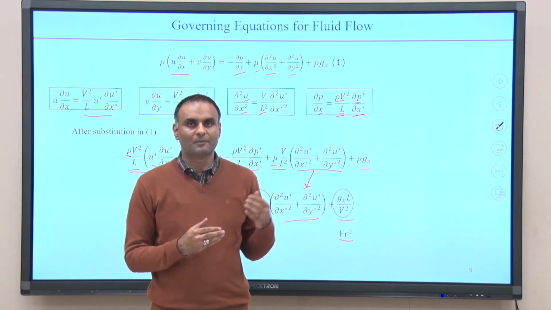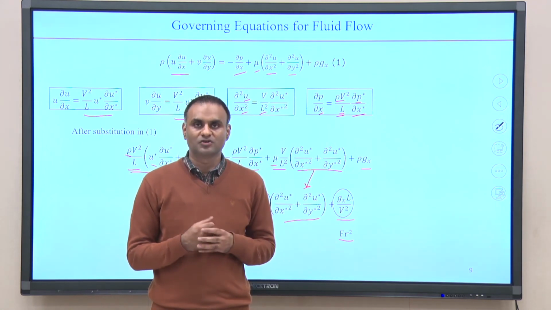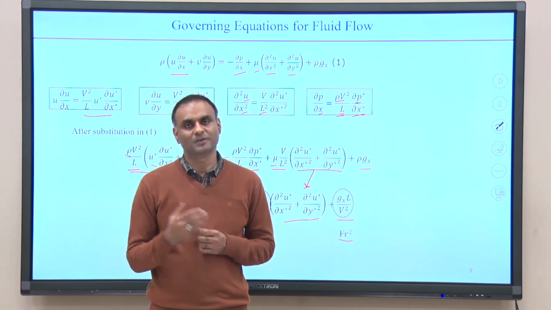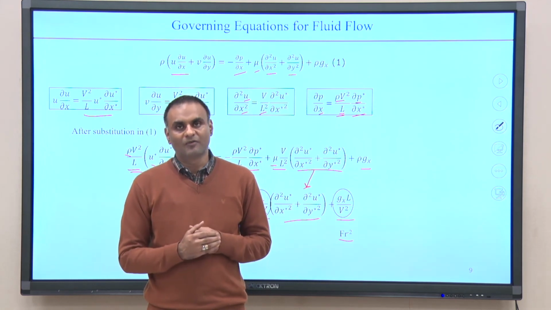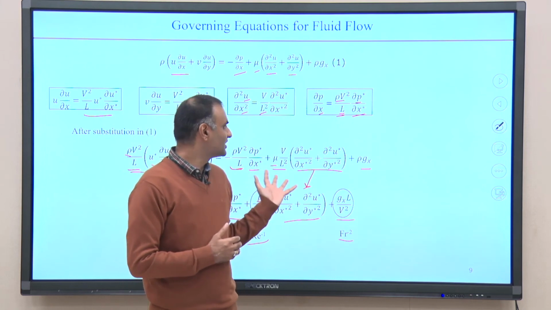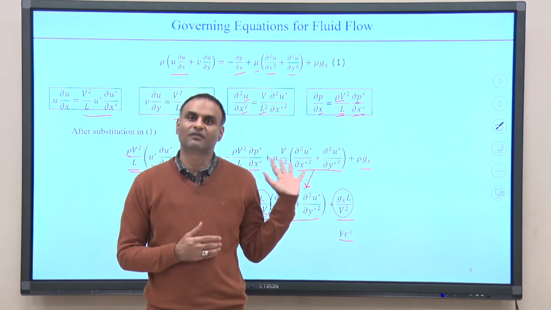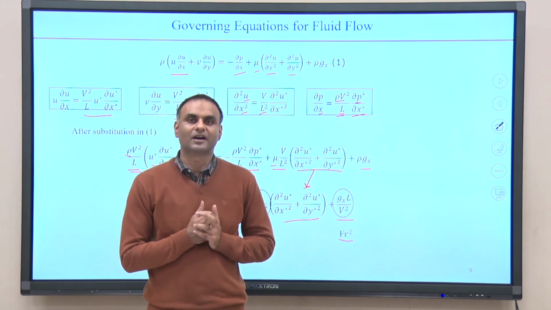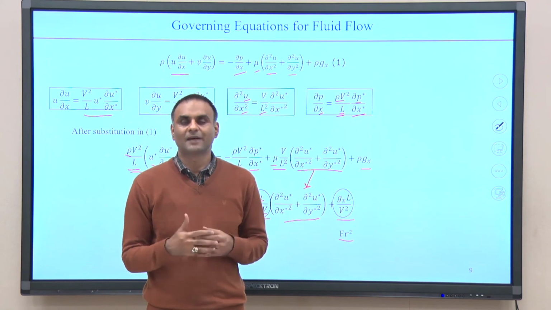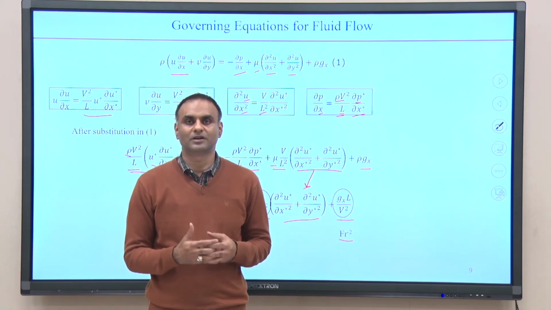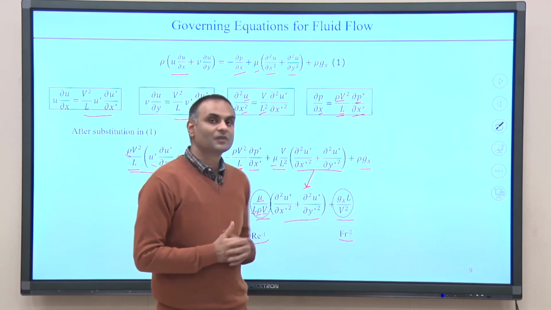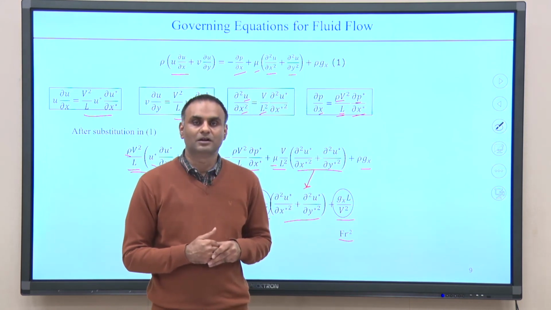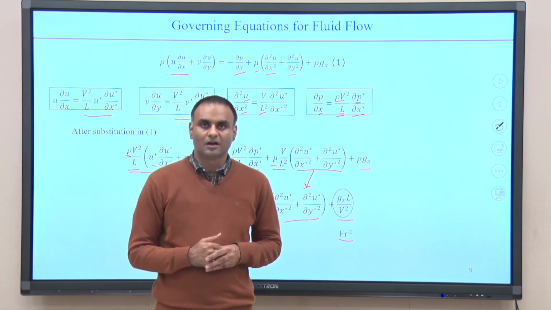We can use the Buckingham Pi theorem using repeating variables, we can use Ipsen's method, or when we know the problem itself, we should try to find out the relevant dimensionless numbers for a particular problem by non-dimensionalizing the governing equations.